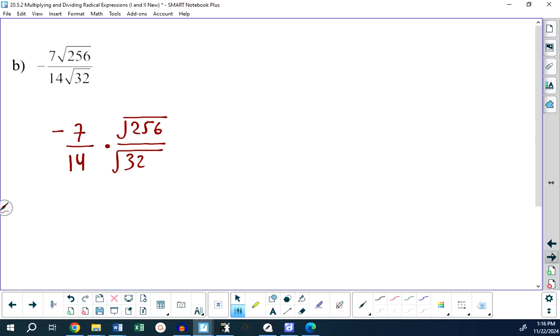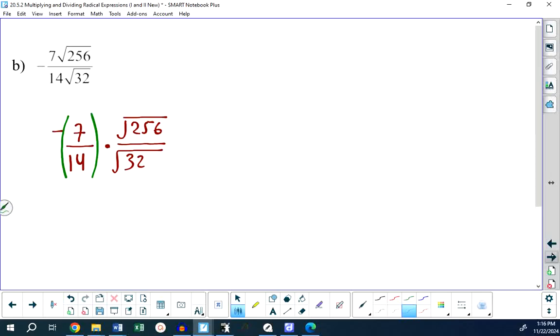So there's no difference here between saying it's negative 7/14 times root 256 over root 32. There's no difference between that and saying it's negative 7 root 256 over 14 root 32. And this illustrates my point that if you focus on this fraction, you are allowed to divide those numbers.